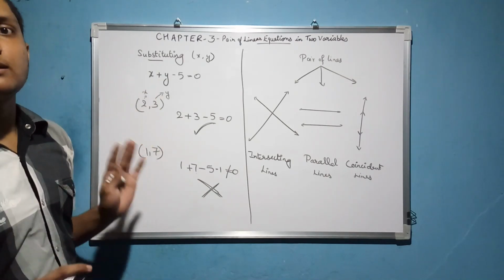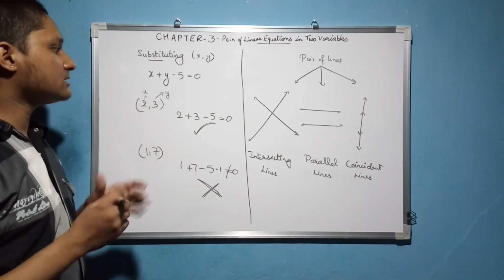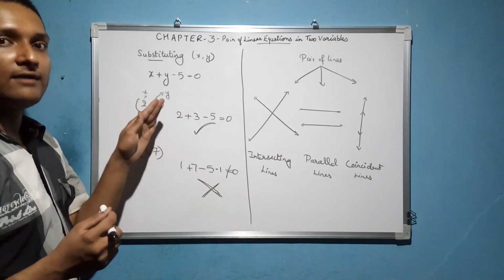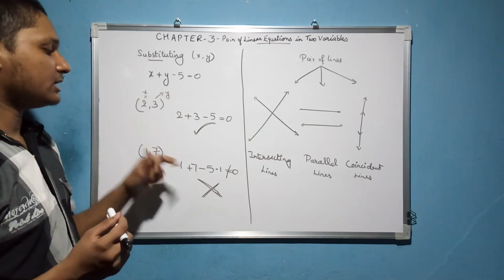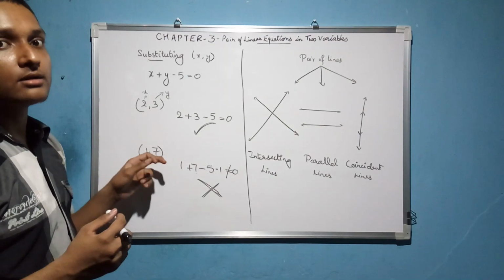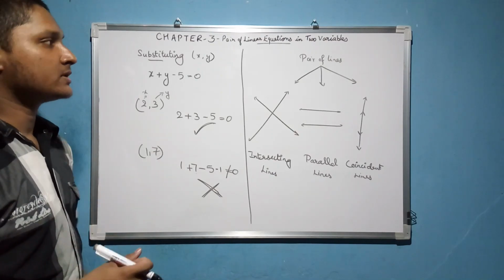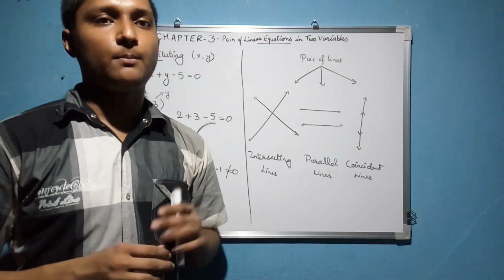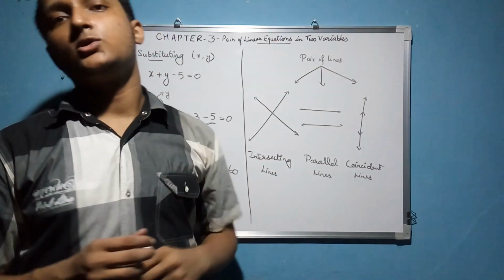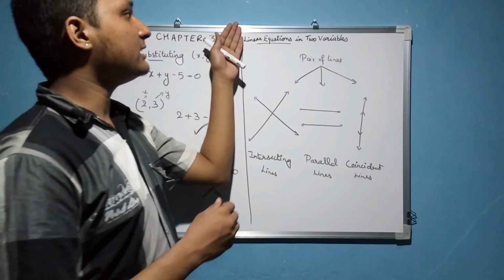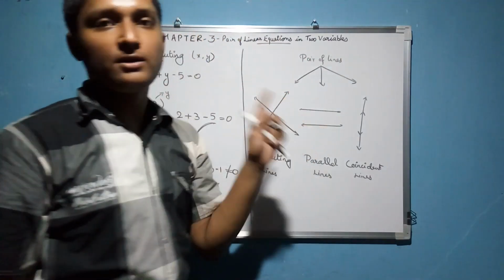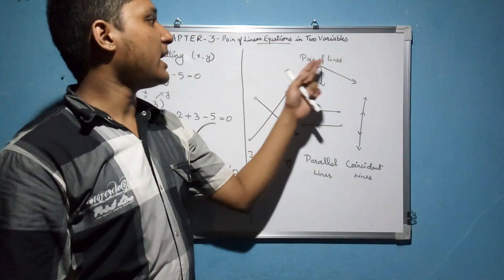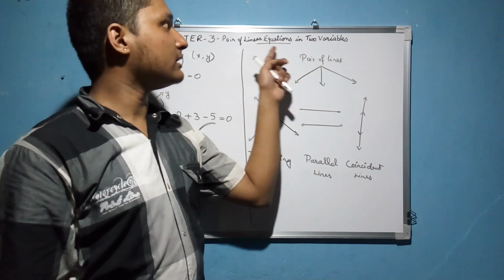So that is an easy way, just go on substituting the values of x and y to find out whether it is a solution of the given linear equation. Now we have a pair of linear equations in two variables. A linear equation in two variables is one line, so a pair of lines refers to a pair of linear equations.